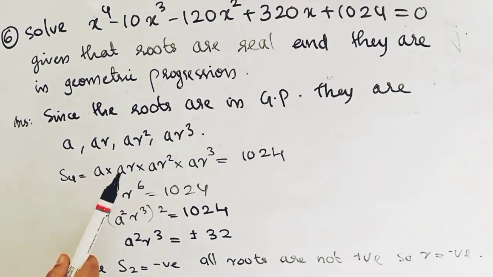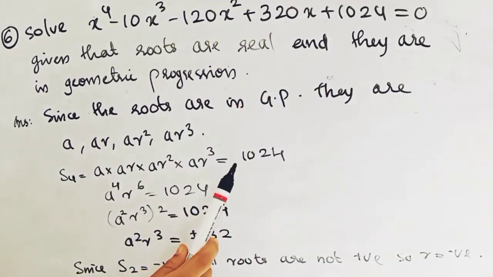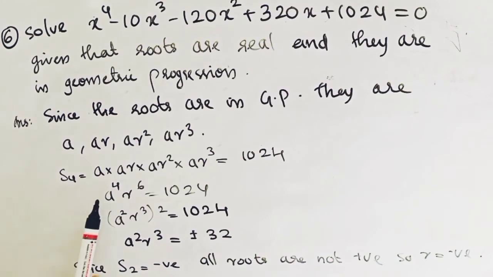S4 is a into ar square into ar cube equal to E by A, that is 1024 divided by 1, that is 1024. A raised to 4 into r raised to 6 is 1024. This can be written as a square into r cube whole square equal to 1024. So a square r cube is root of 1024, that is plus or minus 32.